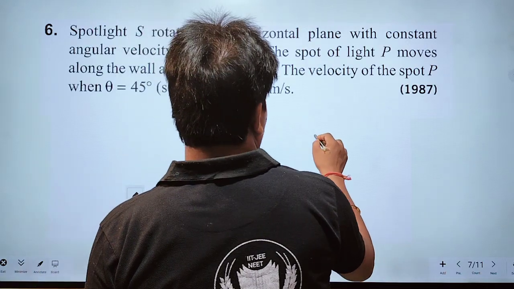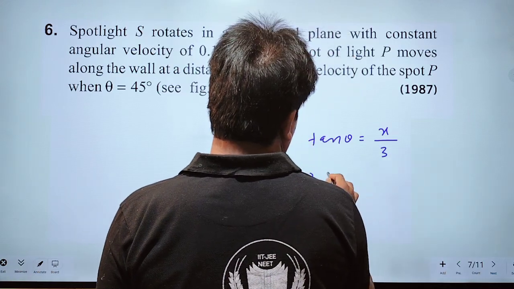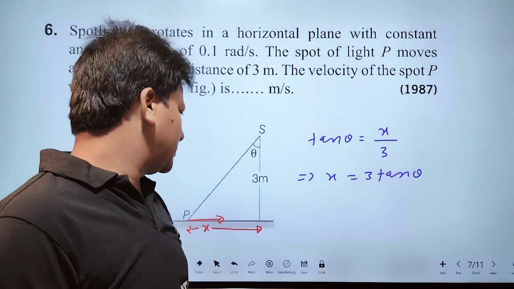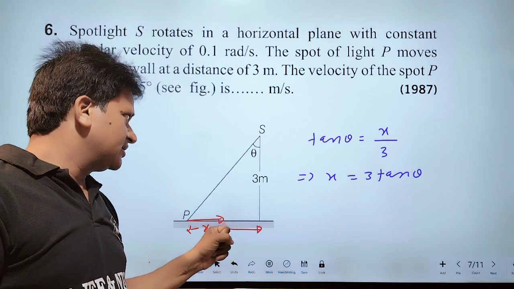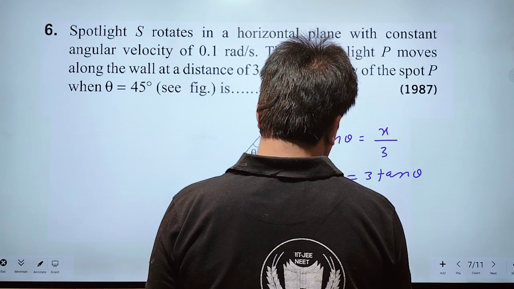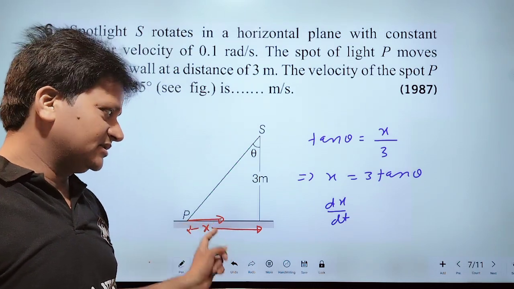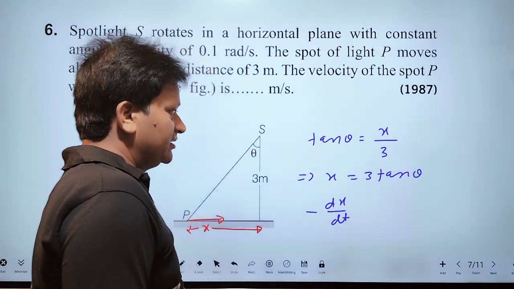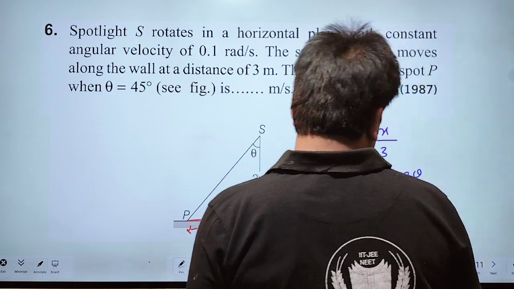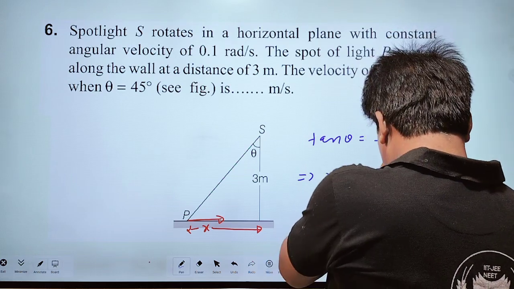Here from geometry, tan theta is equal to x upon 3. This implies that x is equal to 3 tan theta. Here x is variable, theta is variable. As the particle moves towards this, theta is decreasing. Therefore dx upon dt: as time increases x decreases, so we put a negative sign, and on the right side 3 tan theta, whose differentiation is sec square theta times d theta upon dt.